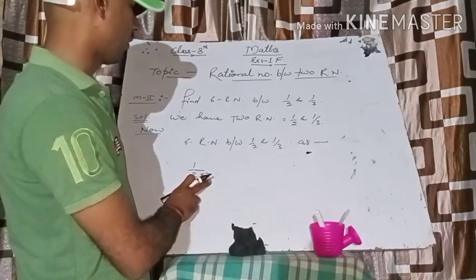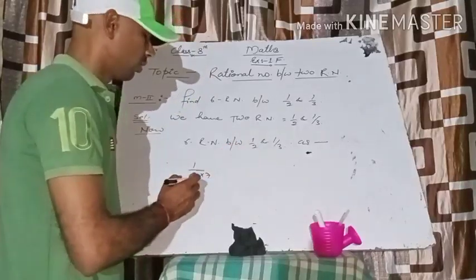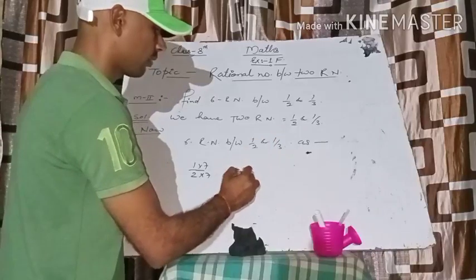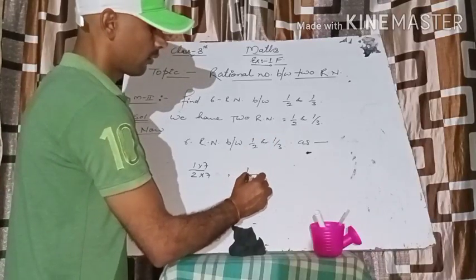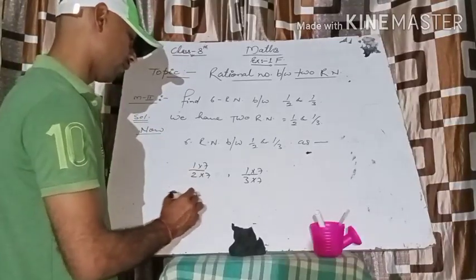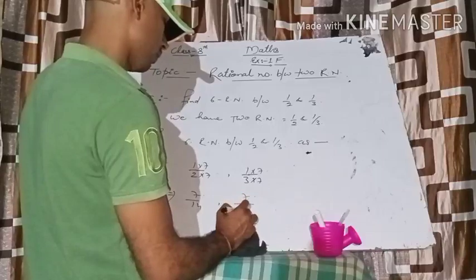We will do the multiplication by 7 in both numerator and denominator of both rational numbers. The next rational number was 1 upon 3, into 7, so we get here 7 by 14 and here 7 by 21.